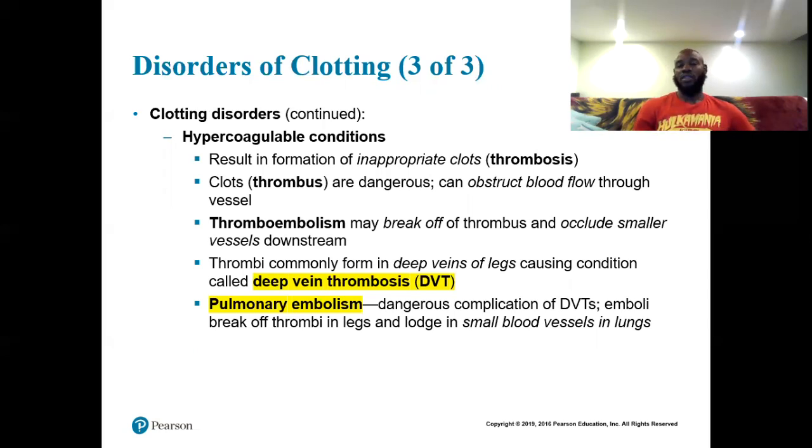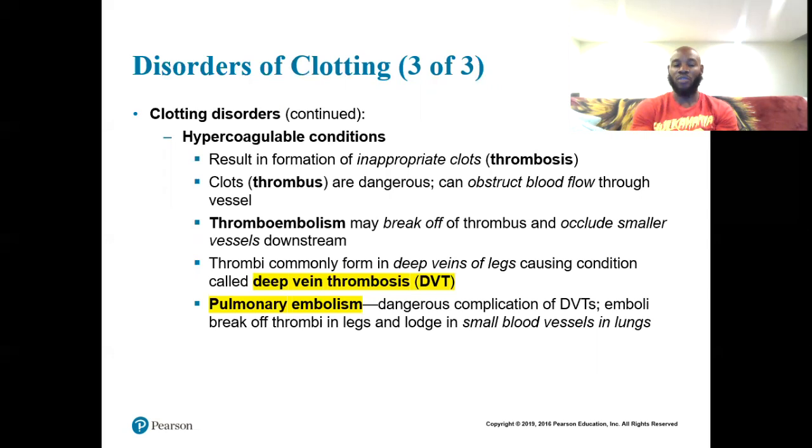The other issue is hyper, too much, coagulable. Coagulate means to come together. So hypercoagulable, your blood clots too much. It results in the formation of inappropriate clots, which is called thrombosis. Skip down to where it says deep vein thrombosis.